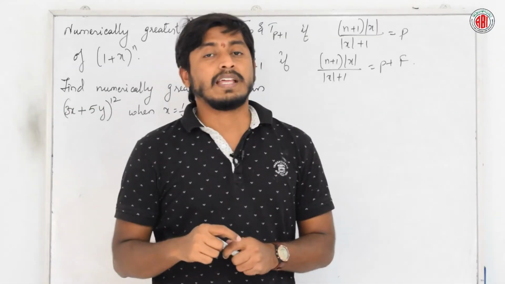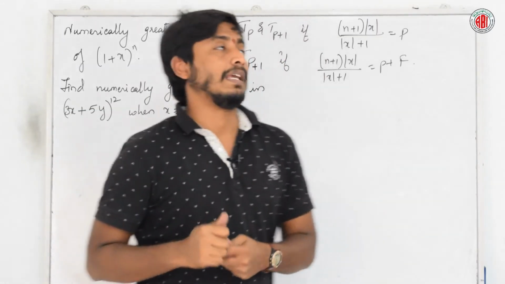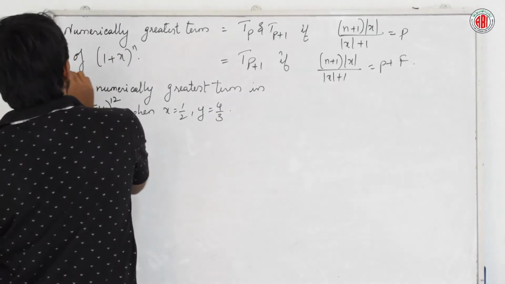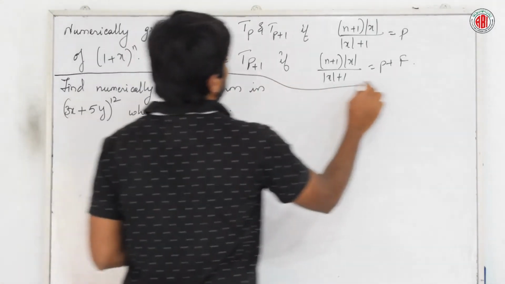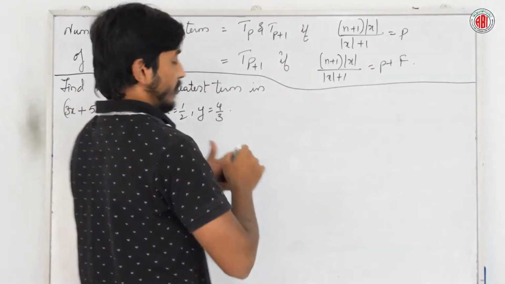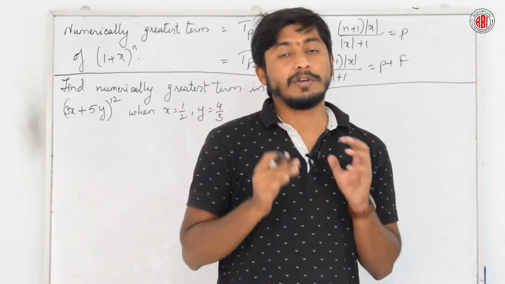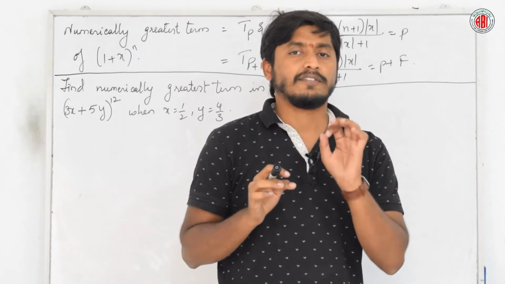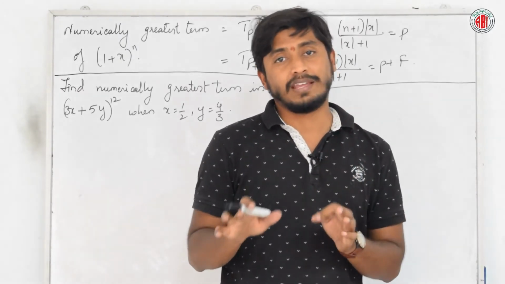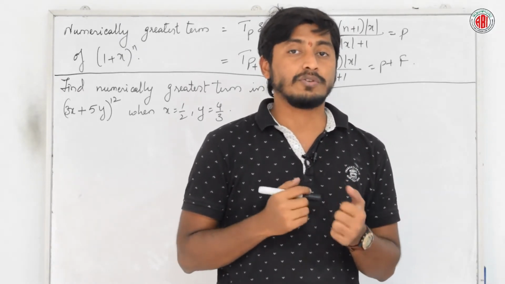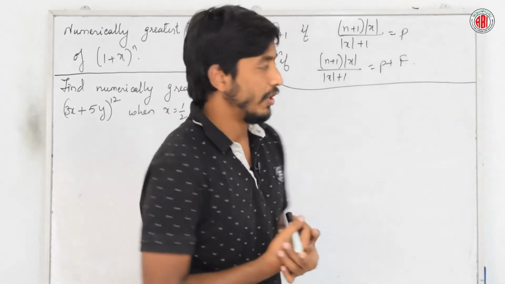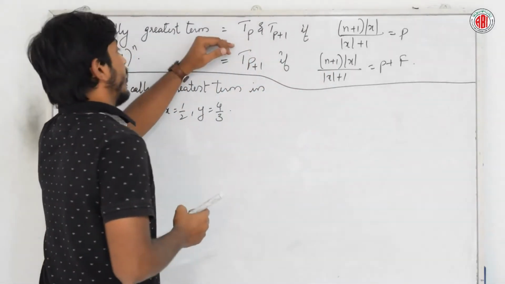Let's do. The next thing we are going to discuss now is the numerically greatest term. For example, let us say we have n plus 1 terms. So, which could be the greatest term among them? Numerically, in the sense, for some fixed value of x and y if they give. So, in order to find that, we have this kind of formula.